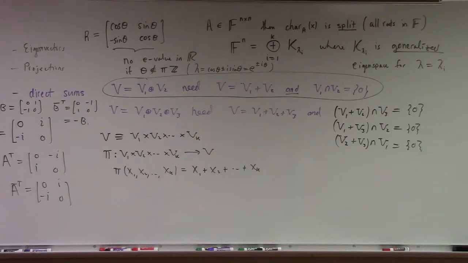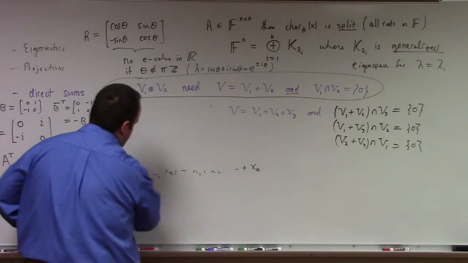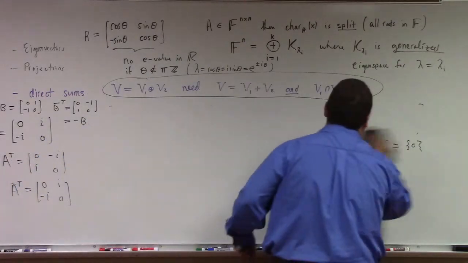Question? Oh, okay. I thought there was a question. All right, so now these generalized eigenspaces you may not remember because I didn't talk about them that much. Here, for example, let's look at an example.